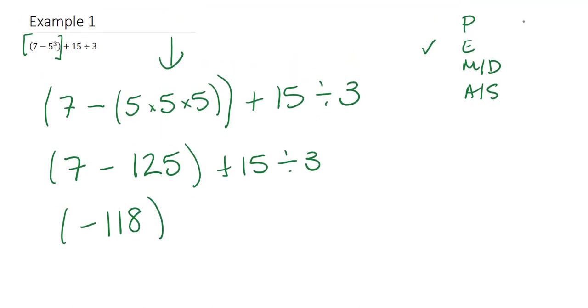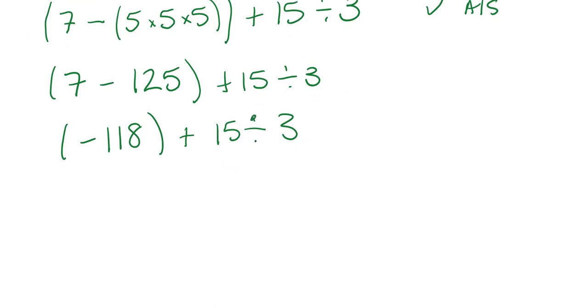Notice that we did the big step of the parentheses, and we did the small step right inside the parentheses. So there's no more there, and no more exponents. Let's rewrite this whole thing. The next step is to divide.